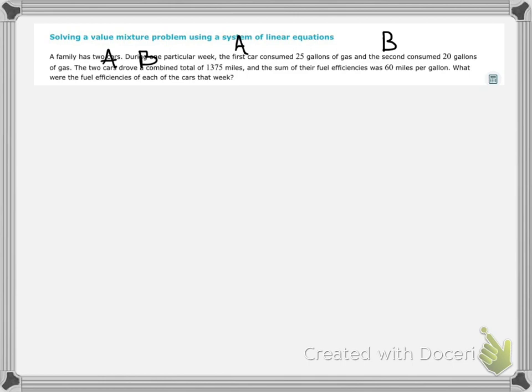And the sum of their fuel efficiencies was 60 miles per gallon. What were the fuel efficiencies of the cars that week? So what's fuel efficiency? That's a kind of tricky little direction to go in. And I just wonder if that's maybe a little bit too much to expect, that everybody knows what fuel efficiency is.